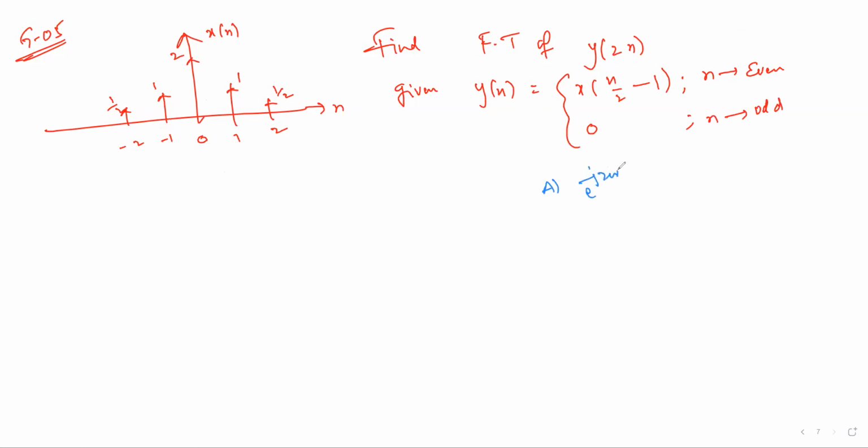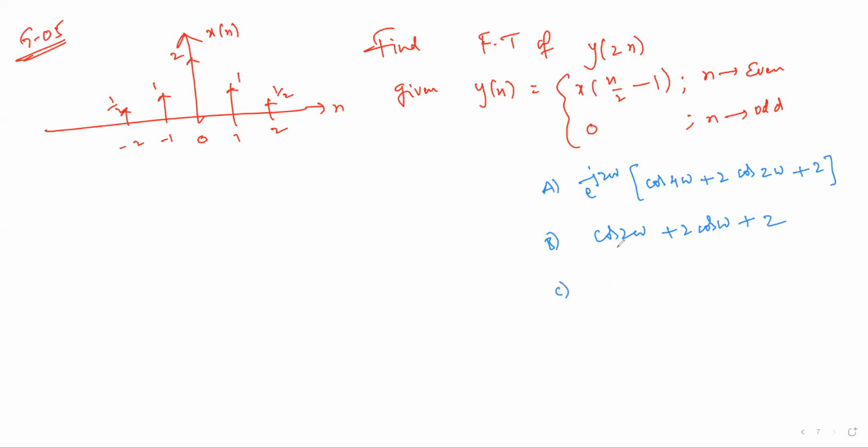A: e to the power of minus j omega, cos 4 omega plus 2 cos omega, 2 cos 2 omega plus 2. B: cos 2 omega plus 2 cos omega plus 2.